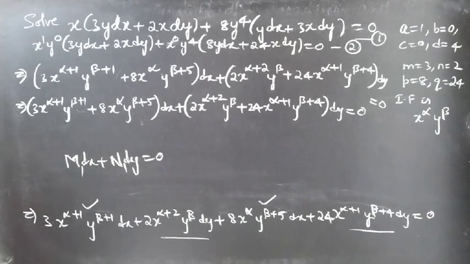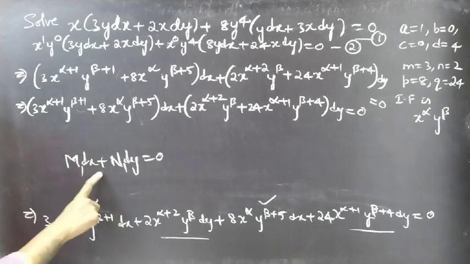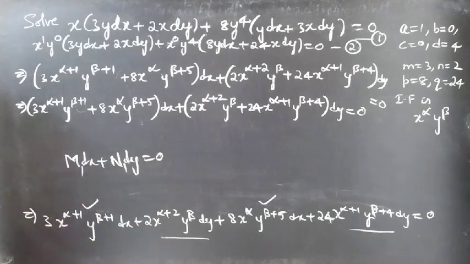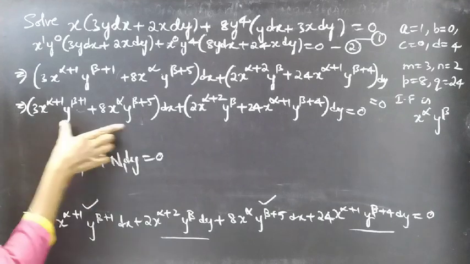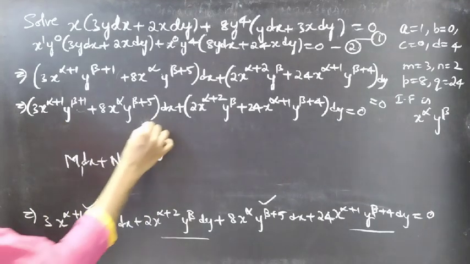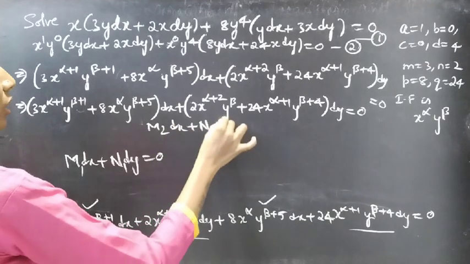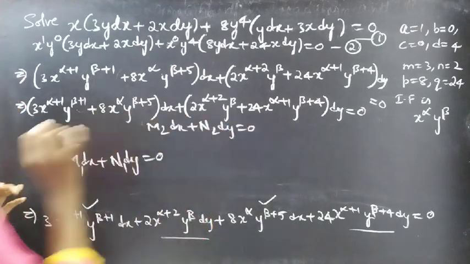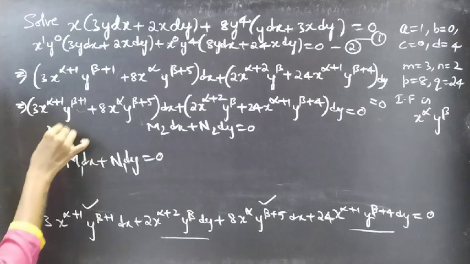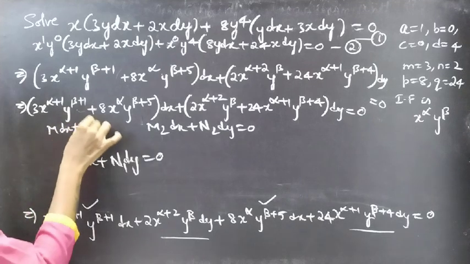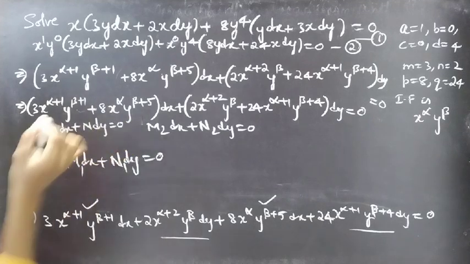We need to check whether the given differential equation is exact or not, so we write the reduced equation as M2 dx plus N2 dy equal to 0, for my convenience. Otherwise you can just consider it as M dx plus N dy equal to 0, nothing is wrong in it, okay.